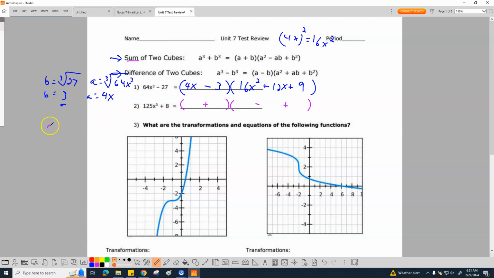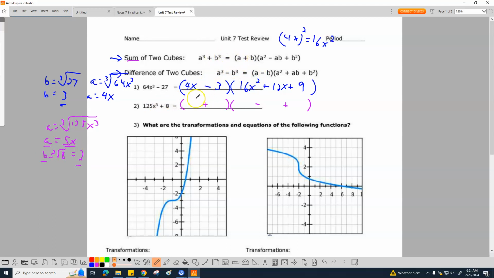Take A. A is the cube root of 125x cubed, which comes out to 5x. So that's my A. My B is the cube root of 8, which is 2. So my B is 2, and my A is 5x. Let's write this in now. Follow the pathway here.